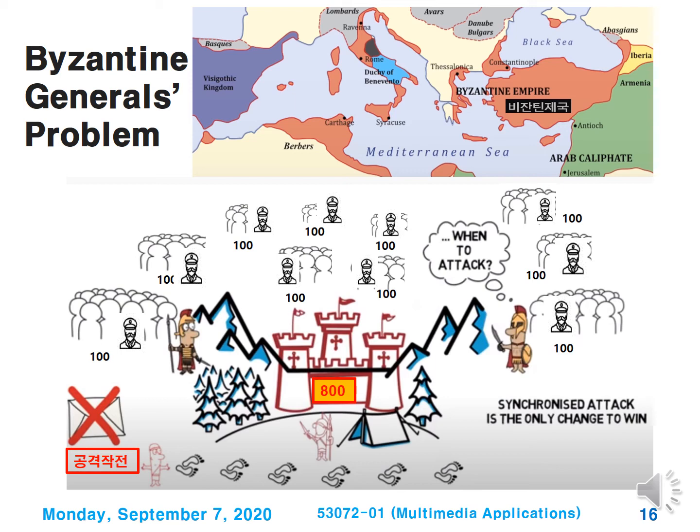The total military power from the generals must be greater than 800 to win against the enemy. Now, how can they communicate? How can they send the attack plan?